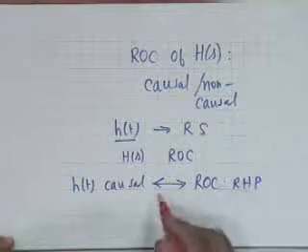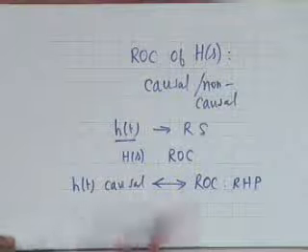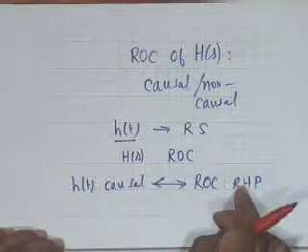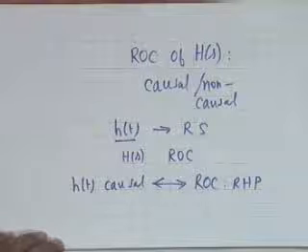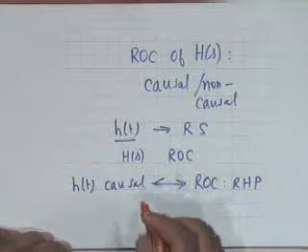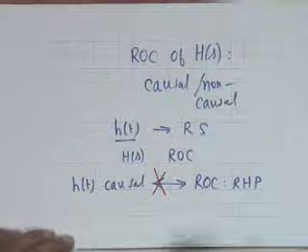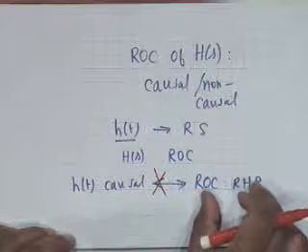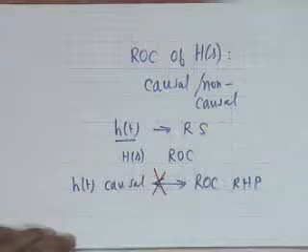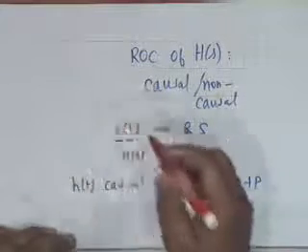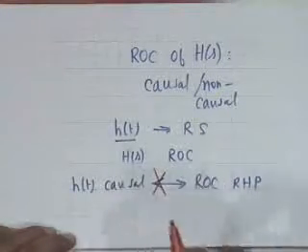And you notice that I have put two arrows, that is I can go either from here to here or from here to here. Is that assertion correct? No, it is not correct. The ROC being the RHP does not mean that h of t is causal, because all it means is that h of t is right sided.